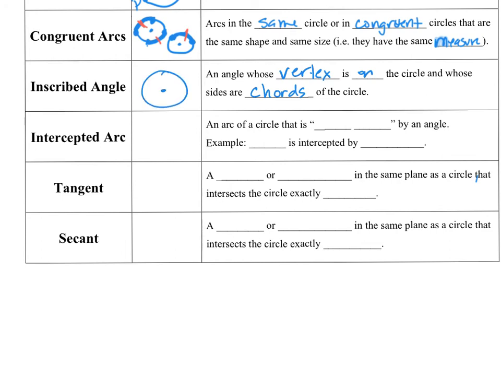Okay, so I'm going to draw an angle whose vertex is on the circle and whose sides are chords of the circle. All right, so this angle, let me mark its measure. So this angle is what we call an inscribed angle because its vertex is on the circle and its sides are chords of the circle, okay?